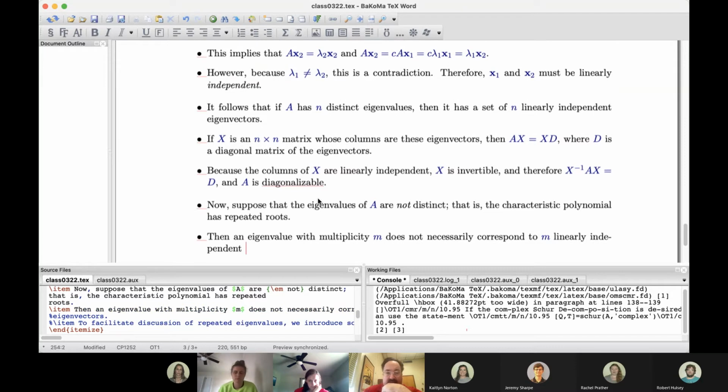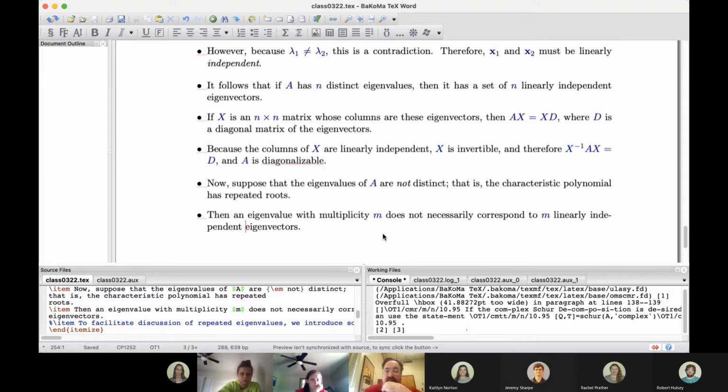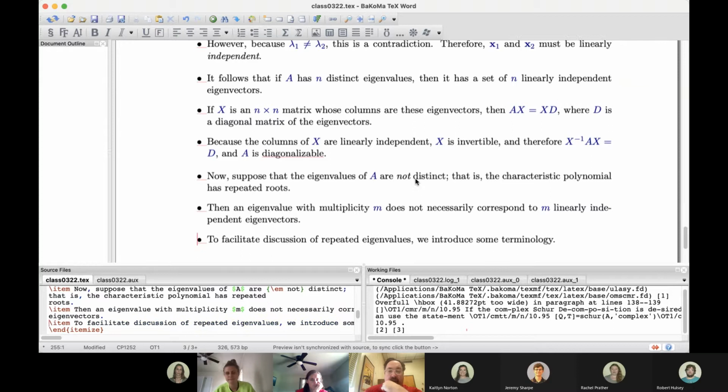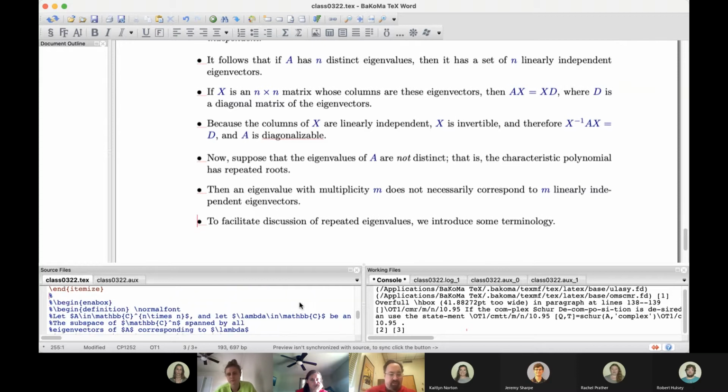Let's suppose that it occurs as a root m times. It doesn't necessarily mean that that one repeating eigenvalue corresponds to m linearly independent eigenvectors. In fact, the situation is quite murky. So I need to introduce some terminology here.